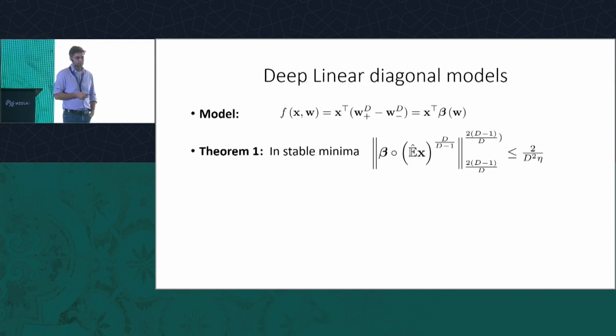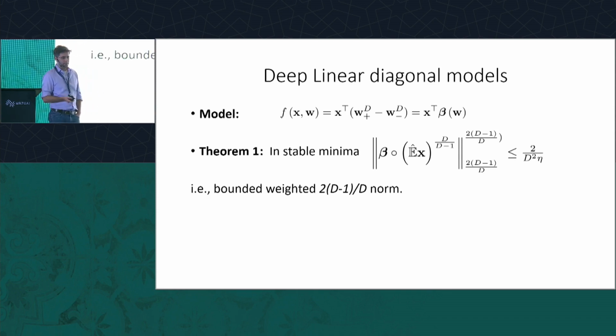If we use a similar analysis on this diagonal neural network, we can bound the norm of the predictor we get after optimization in stable minima. This weighted norm of the predictor is upper bounded by 2 over d squared, where d is the depth of the network, times the step size. So a larger step size will cause a smaller norm.